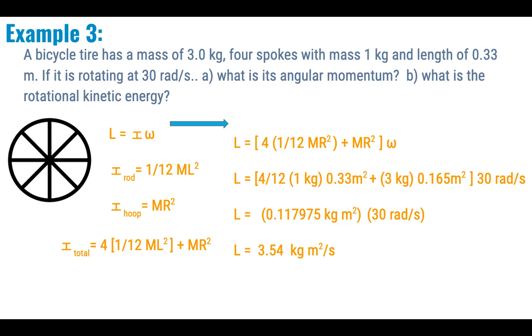So the angular momentum of our bicycle tire is 3.54 kilogram meters squared per second. Remember that the units for angular momentum have 1 additional meter compared to linear momentum due to the moment of inertia. And L is positive. That means that the tire is rotating counterclockwise.